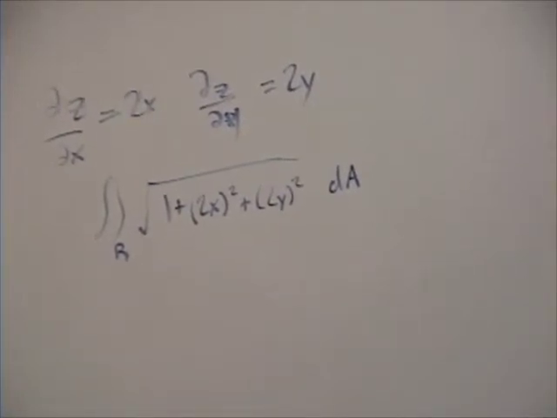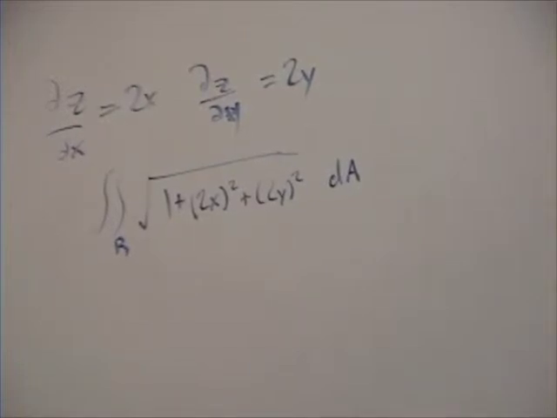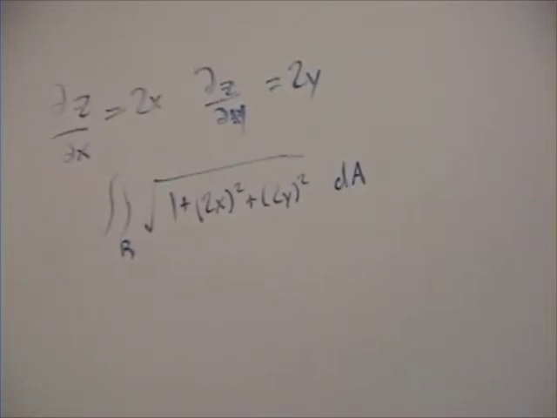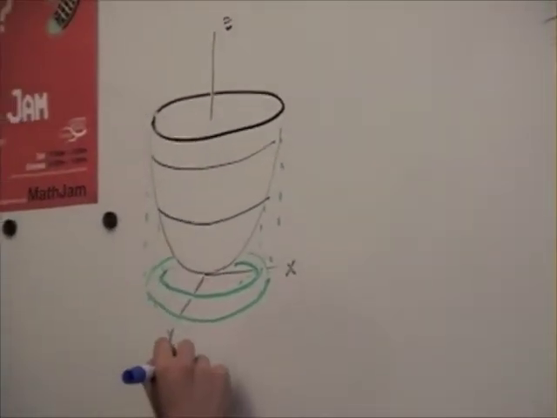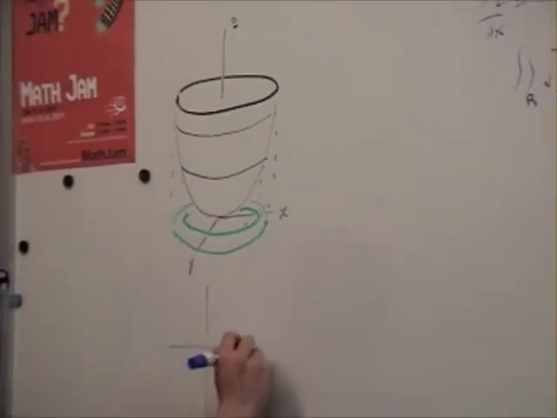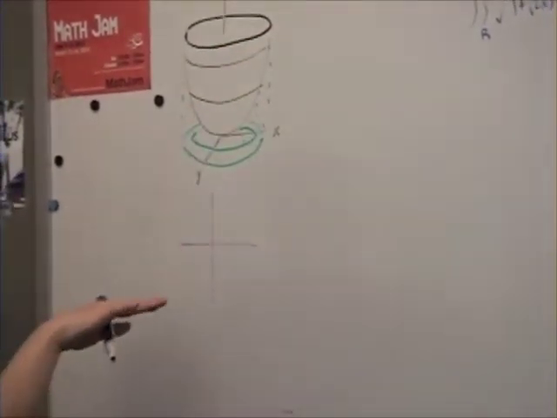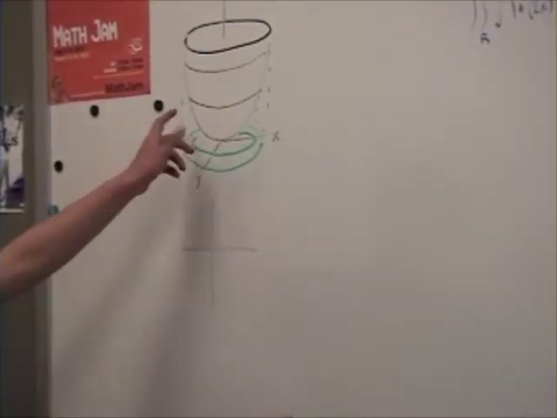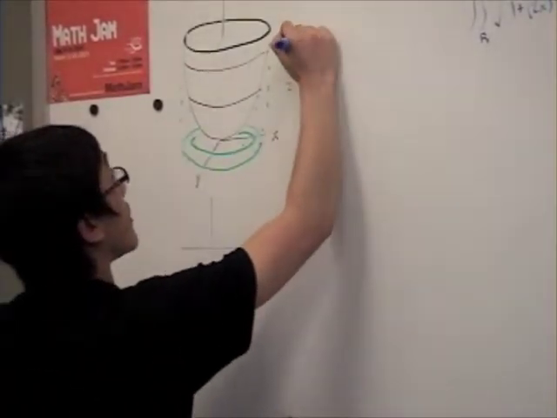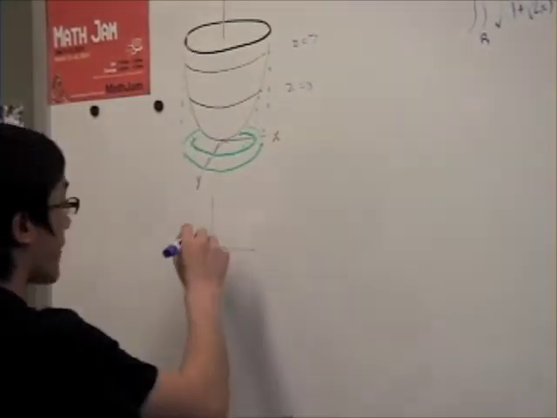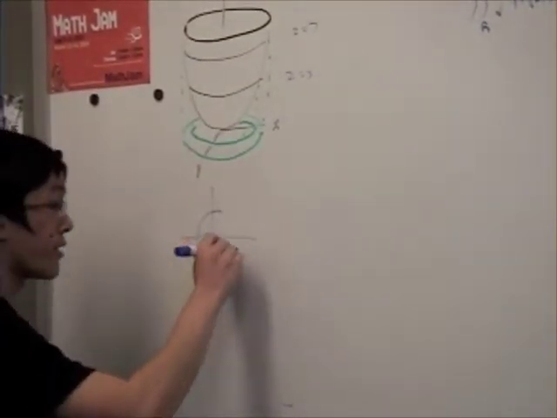Alright, so this integral is going to be pretty gnarly to do without converting to polar. If we look over here at our handy-dandy diagram, you'll see that the shadows of the paraboloid where z equals 5 and z equals 7 make circles on the xy plane, which I will draw right here.